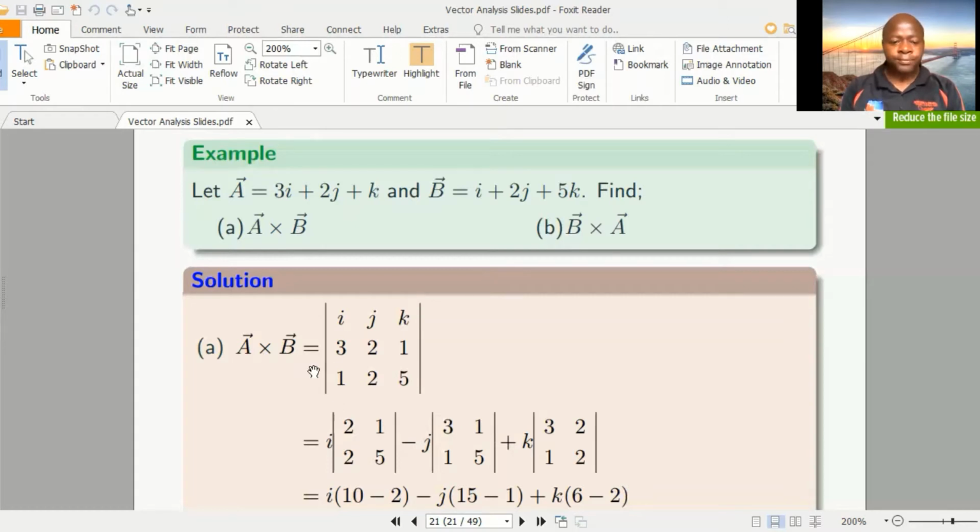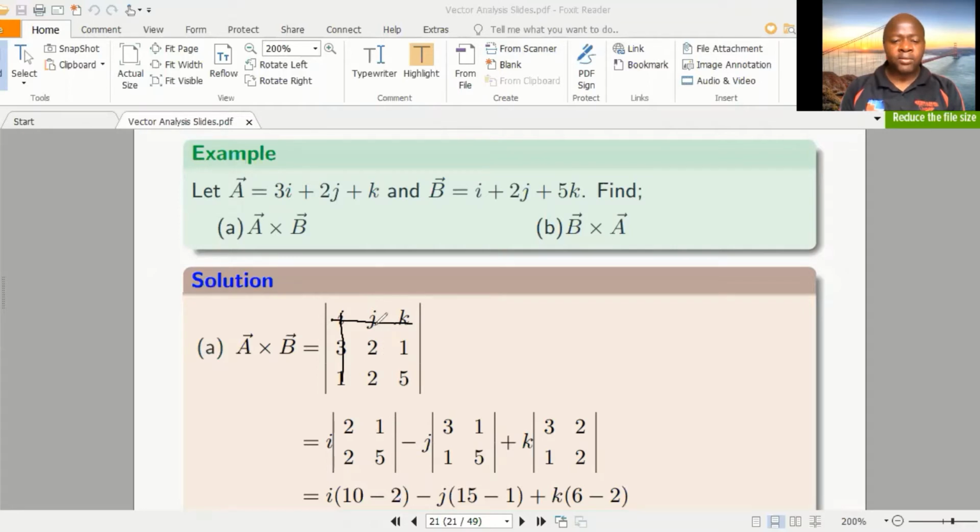So the way we get the determinant, it will be I times the determinant of the matrix left when I delete the row of I and the column of I. So when you delete the row of I and the column of I, the matrix that remains is 2, 1, 2, 5. That's what we see here.